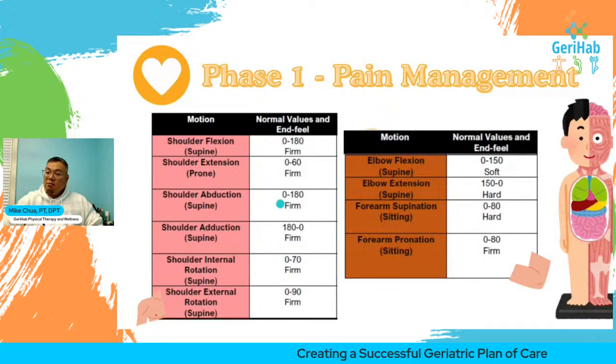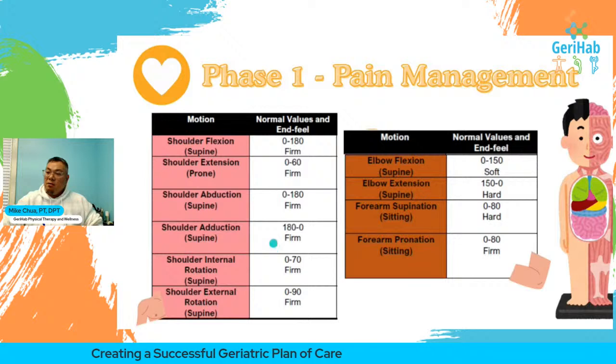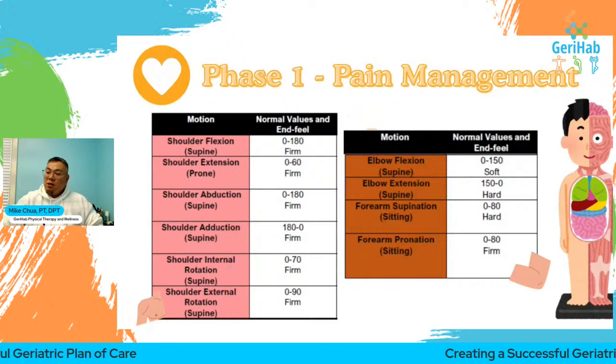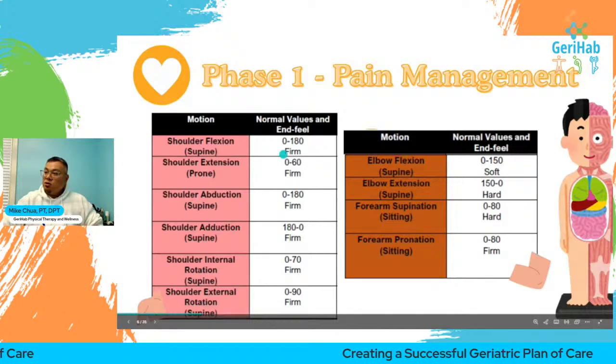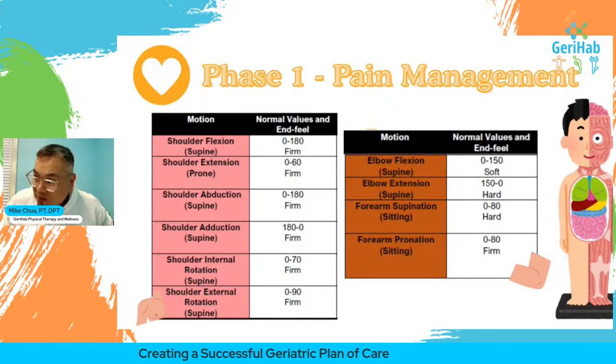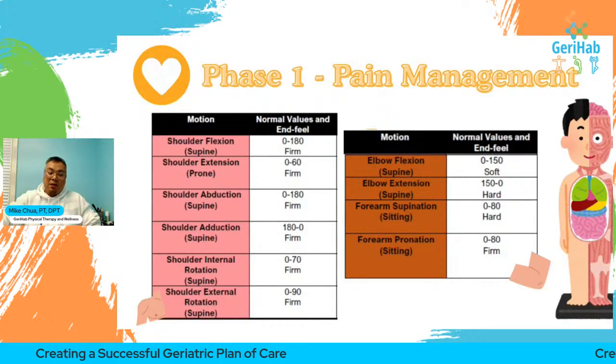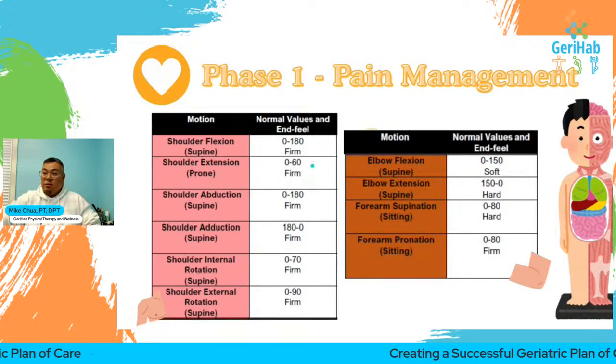Abduction, 180, firm end feel. Adduction, firm end feel. Shoulder internal and external rotation, they're all firm. So most of the shoulder range of motion is firm. Okay. Now, if they have an empty end feel, if they're hurting, empty end feel means pain, right? Then you've got to address that, right?